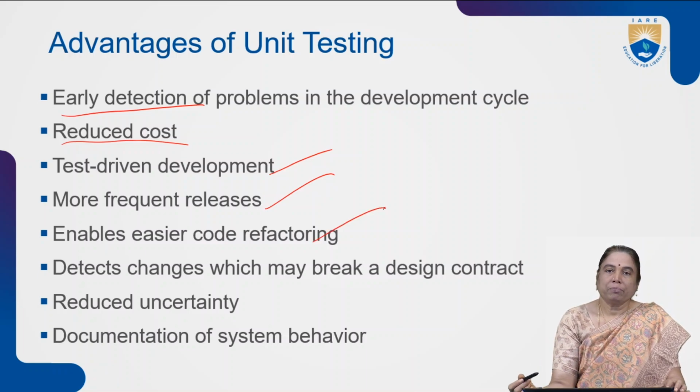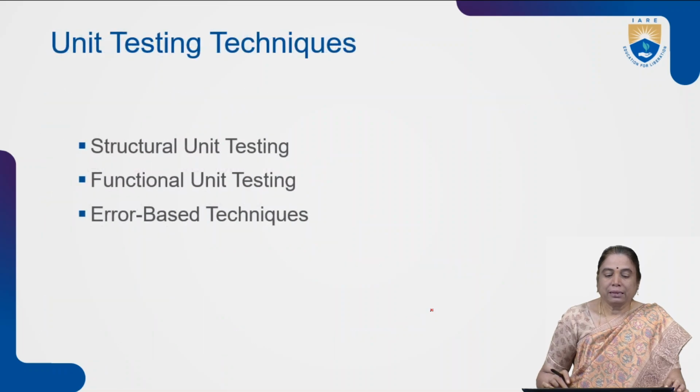The refactoring majorly implies changing without disturbing the structure of the unit. A small change that can be performed can optimize the result. So this code refactoring is done in case of unit testing. Defects are detected, changes which may break a design contract are caught, uncertainties are reduced, and the system behavior is documented. These are the advantages of unit testing.